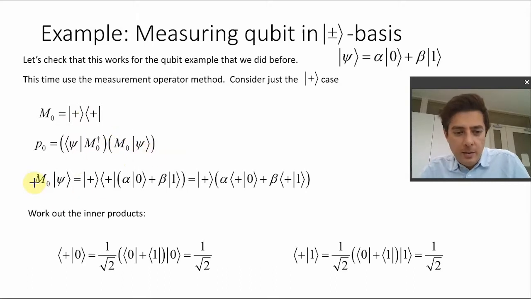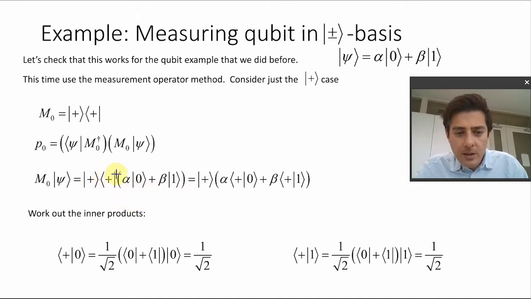Okay, so let's work out this thing. What is M0 times psi? Well, here's M0, here's that state psi. Then we multiply this operator by this state, and this is always true of any quantum mechanical calculation.